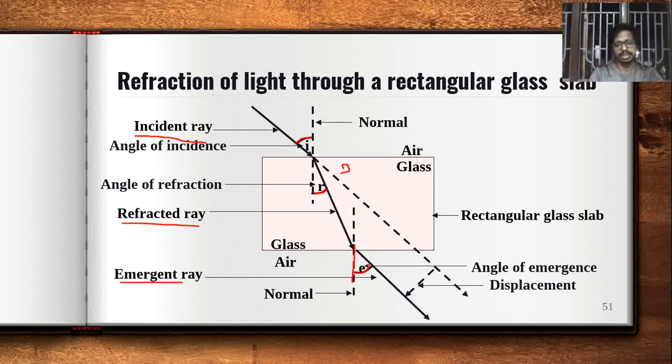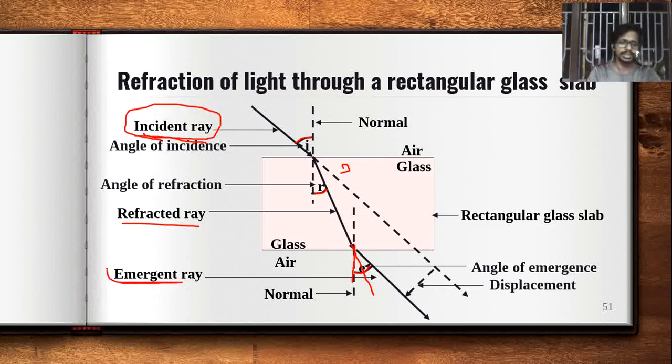We are expecting this path to follow, but the light is traveling away from the normal because it is going from rarer medium to denser medium to rarer medium.